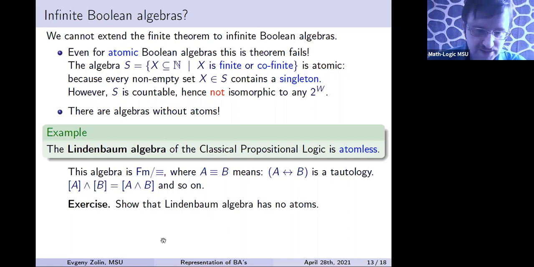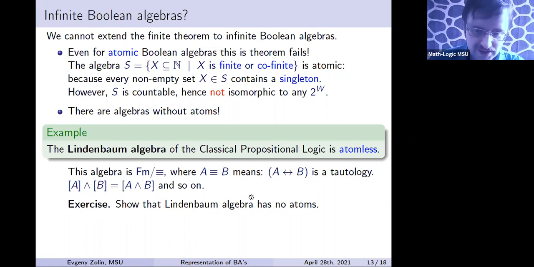As an exercise, please show that it doesn't have atoms. So if you have any element of this algebra, some class A, it cannot be an atom. So assume that it is not empty. It is not, so A is not equivalent to bottom, to false. Then you can easily build a stronger formula.